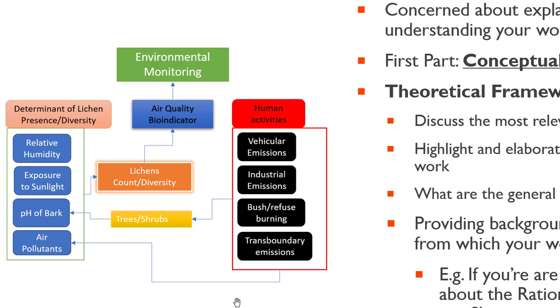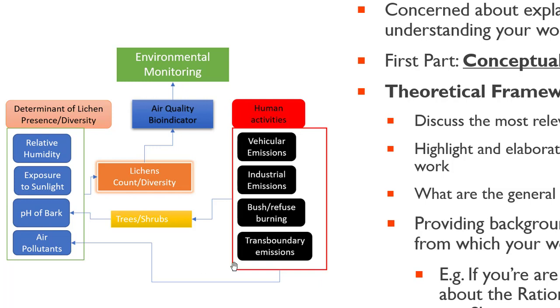All of these contribute to air pollution, and they affect the trees and the shrubs in the sense that it modifies the acidity or the alkalinity of the bark, the outside covering of the trees.